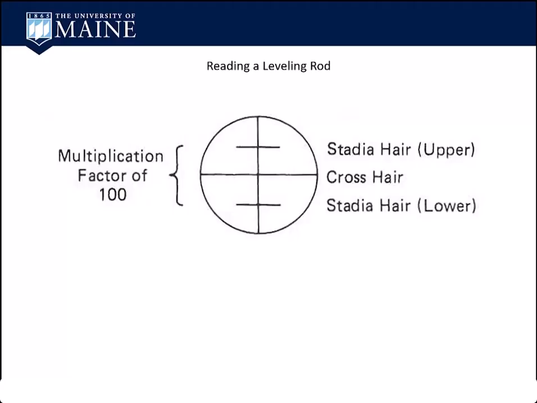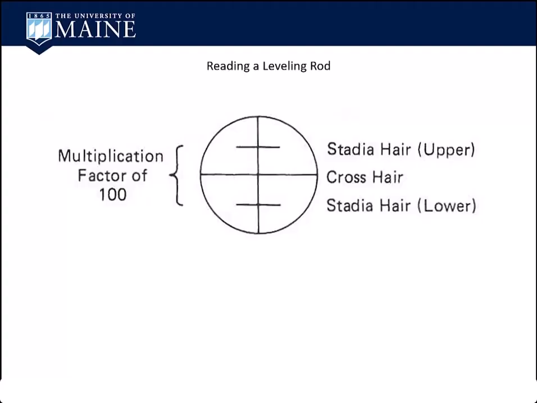So this image says multiplication factor of 100. That's the stadia constant. Most instruments have a stadia constant attached to them, and if you had a rod out at 100 feet, you would read 1 foot from the bottom hair to the upper hair, and then you would multiply it by the stadia constant to get 100 feet.